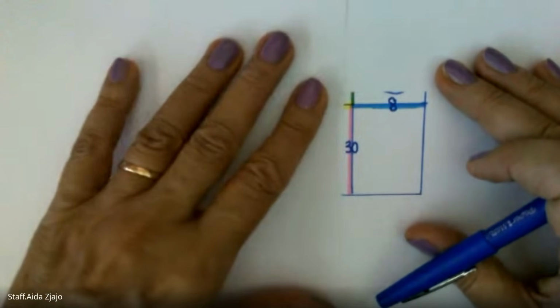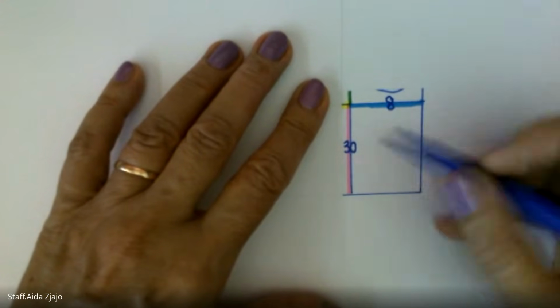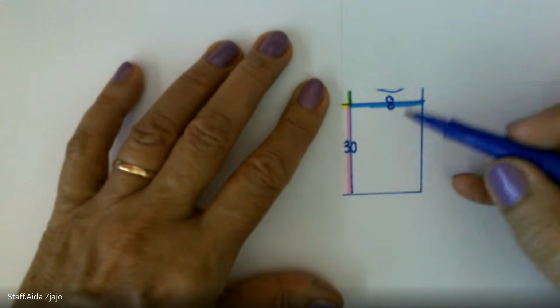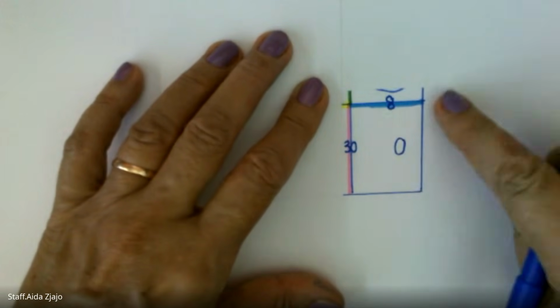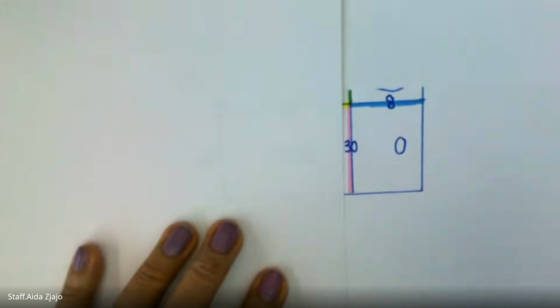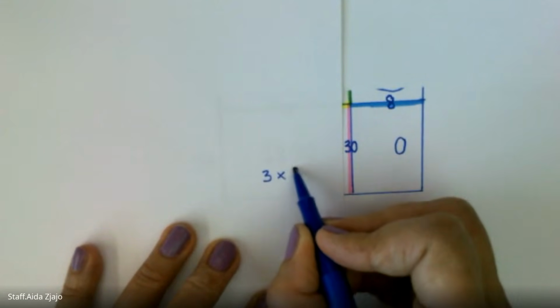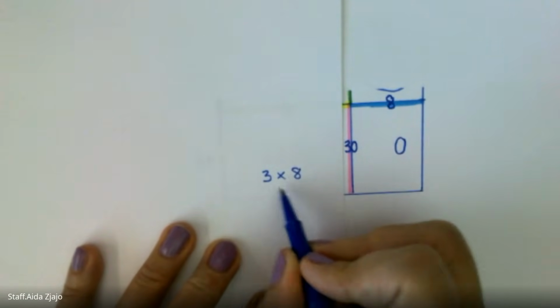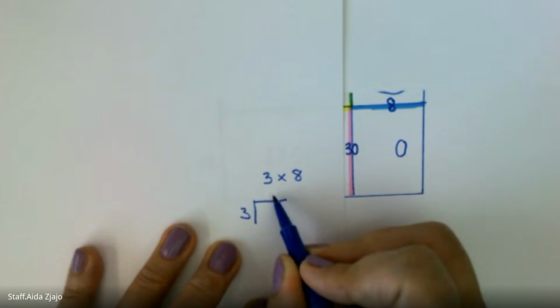The last but not least is 3 groups of 8, 30 times 8. 30 is 3 times 10. So I only need to know 3 times 8 and then add a 0. If I don't know what 3 times 8 is, I can use thinking blocks. I can think, oh, I don't know what 3 times 8 is, but I can use a meaning area. What if I say this is 3 times 8?